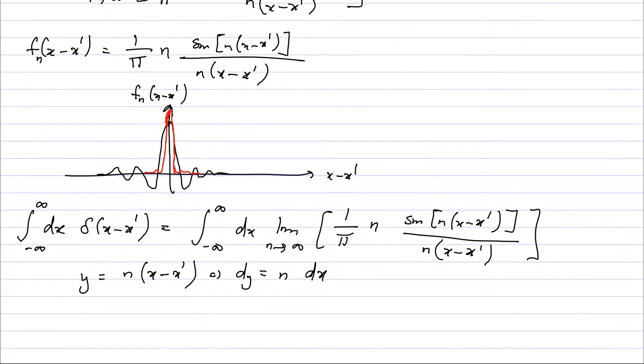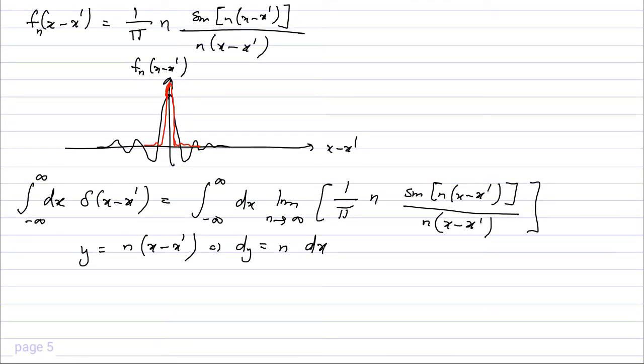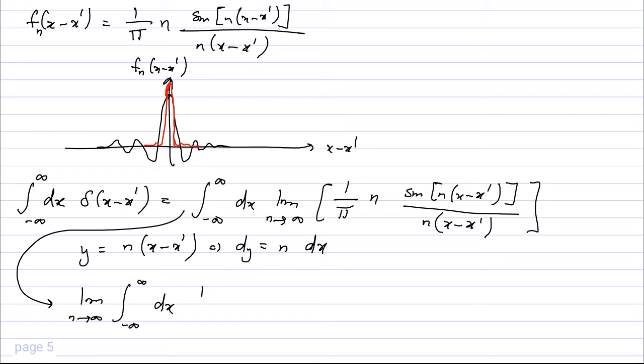Assuming that I can switch around the limit operation and the integral operation, this gives me the limit as n approaches infinity of the integral over dx, and you have 1 over pi, then n, and you change your dx to dy, so this becomes dy over n, and you then have sine y divided by y.